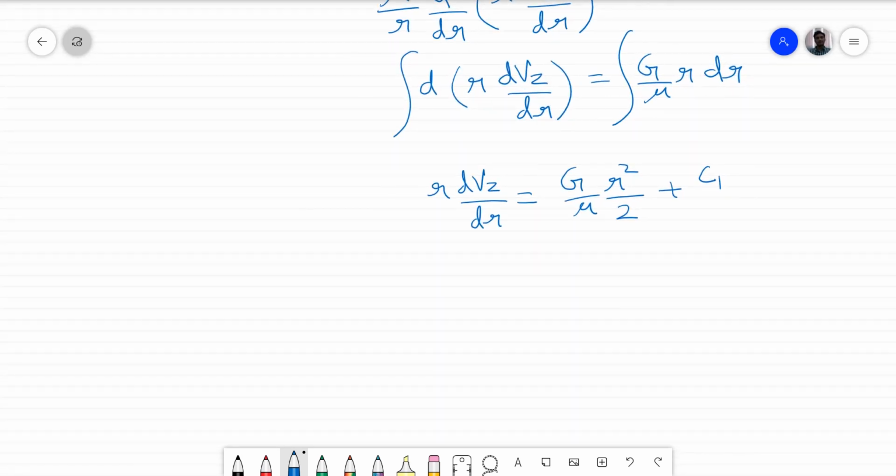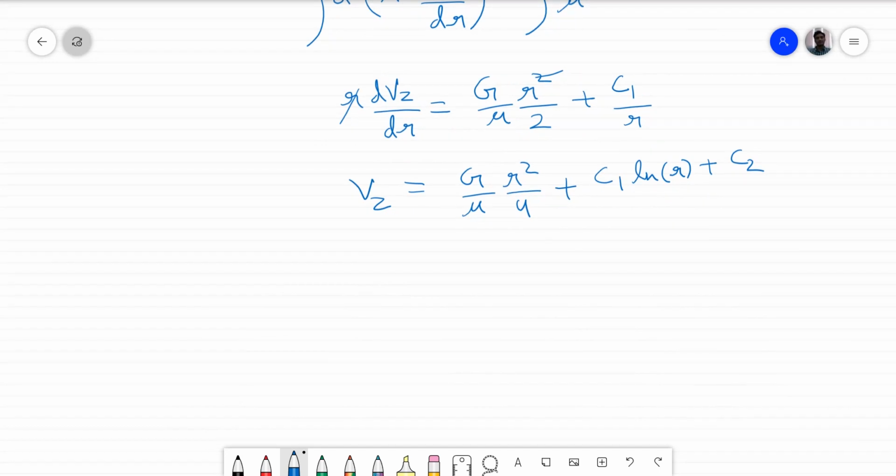Now let us divide by r on both sides, and we'll get an extra r here. Now let us integrate again and we'll get Vz equal to g by mu r square by 4 plus, what do we get here? 1 by r gives us a log r term, so c1 log r plus some other constant c2.